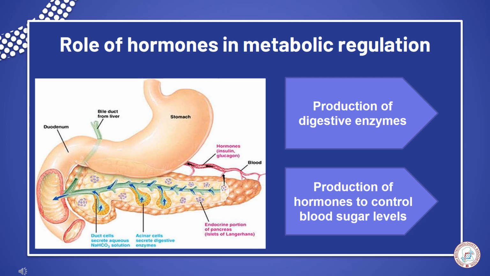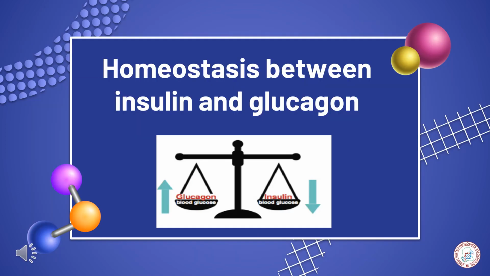If we talk about the endocrine part, it is based on the islets of Langerhans, and it contains different cells, that is alpha, beta, and delta cells, and it secretes very important hormones. Those hormones are insulin and glucagon, the very famous hormones, and the balance between these two hormones is very important in regulating the blood glucose level inside our body.